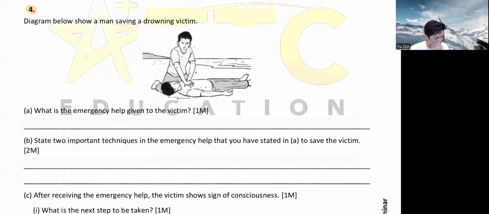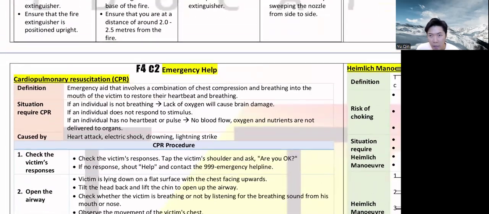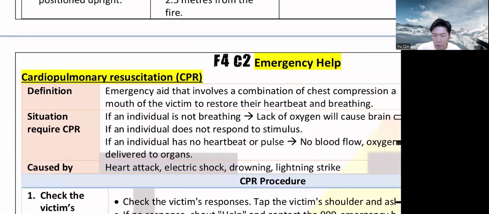So question number 4. The diagram below shows a man saving a drowning victim. Obviously drowning requires CPR. So what emergency help? It'll be CPR. But you want to get the spelling here. Of course you cannot just write CPR, you have to write the whole spelling.